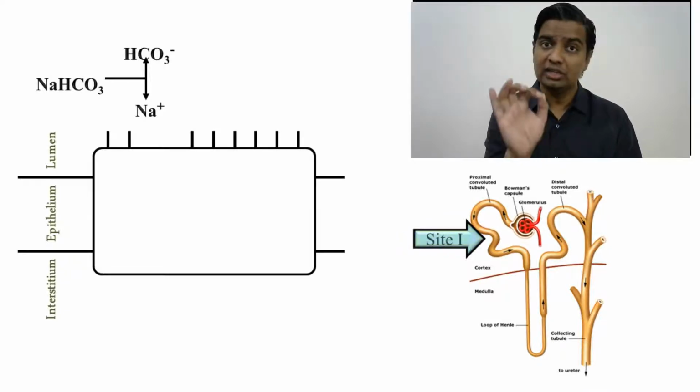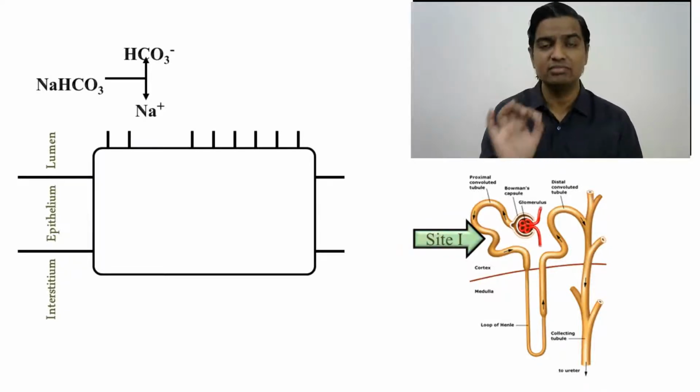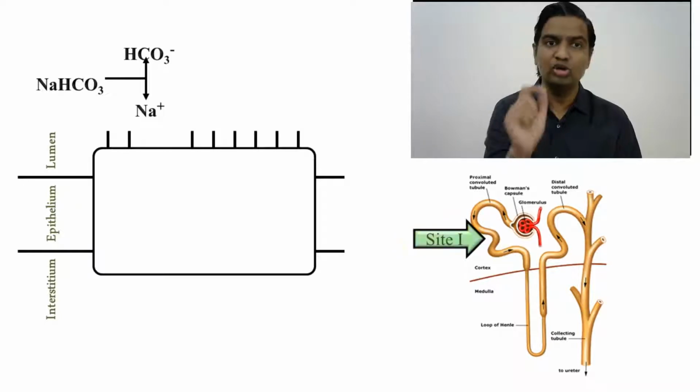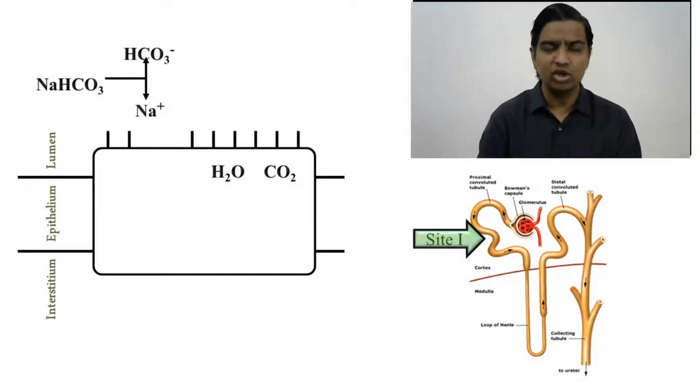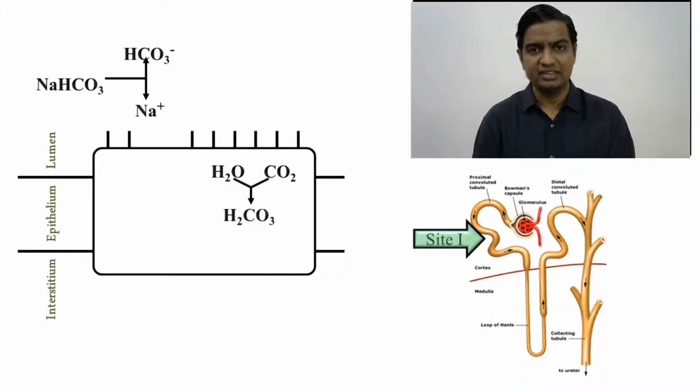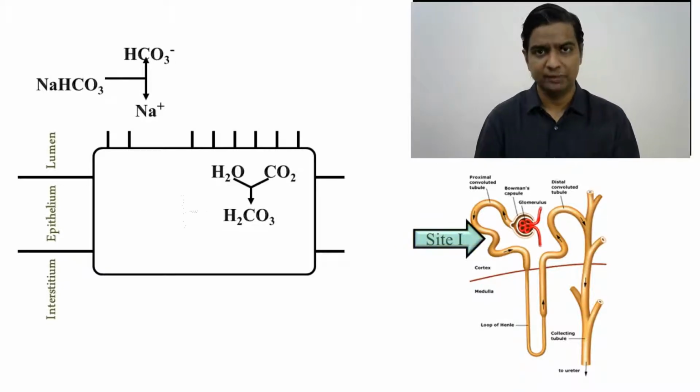Now our body tries to save sodium as much as possible. So we want to take the sodium back into our body, into our cells, right? But for that, you need to have an exchange offer going on. So this is what the kidney does. Carbon dioxide produced as a result of respiration in the renal epithelial cells, the cells of the PCT, proximal convoluted tubule, reacts with the water present in the cells of the PCT to form H2CO3.